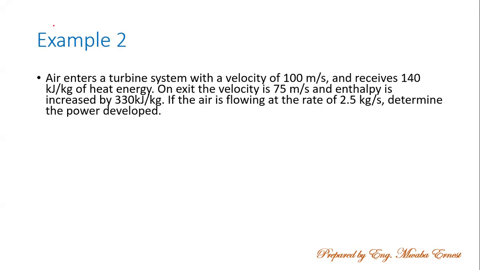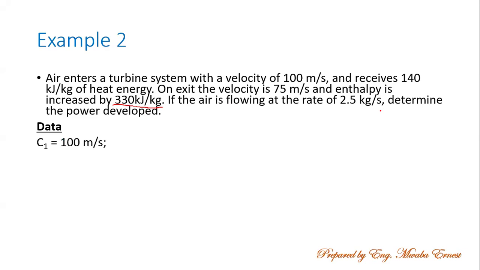On exit, its velocity is 75. Enthalpy is increased by, let's get this very clear, it's not saying this is a final or initial enthalpy, but it's an increment. Then the rate is 2.5 kgs per second. So the question is, determine the power that has been developed.